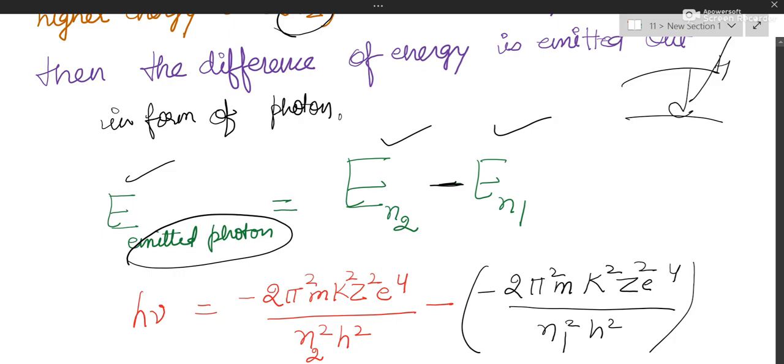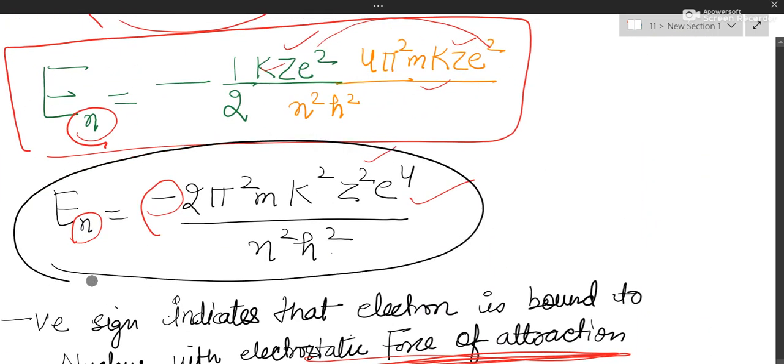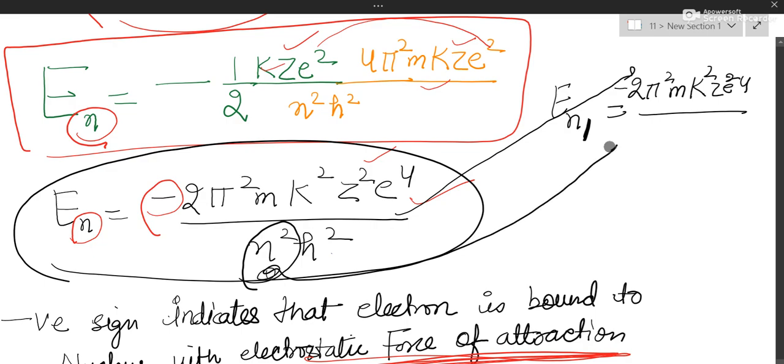So you can substitute. See, energy's general expression is this. If you need energy in n1, you will put here n1. The rest of the expression will remain as it is, minus 2 pi square m k square z square e to the power 4. Everything I have written there. And in place of n, I will write n1 square.